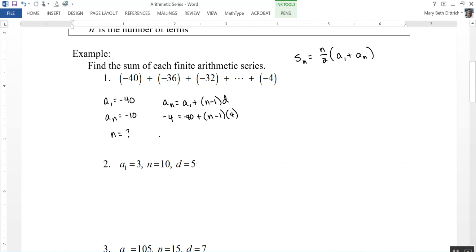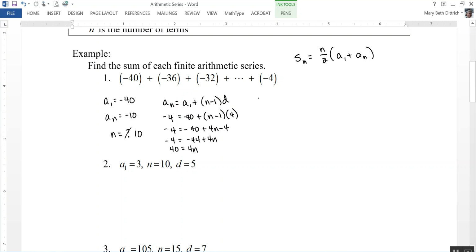So I can use this to find n. So negative 4 equals negative 40 plus 4n minus 4. Negative 4 equals negative 44 plus 4n, adding 44 to both sides. 40 equals 4n, or n is equal to 10.